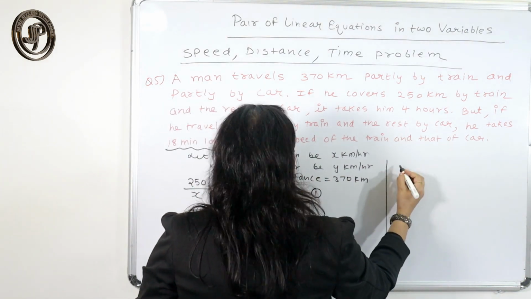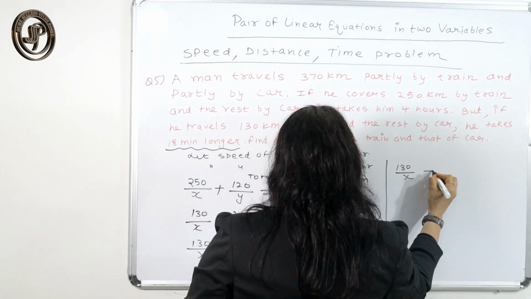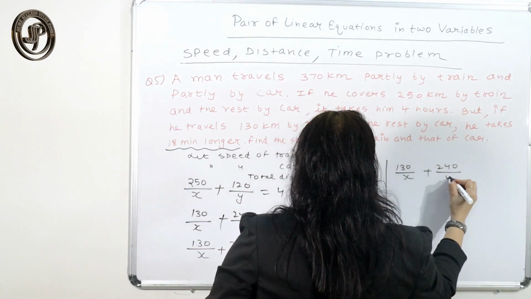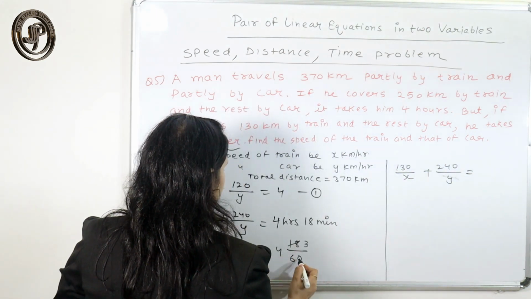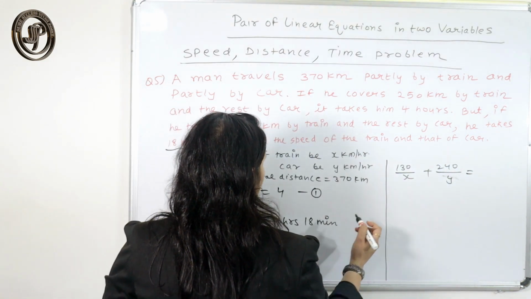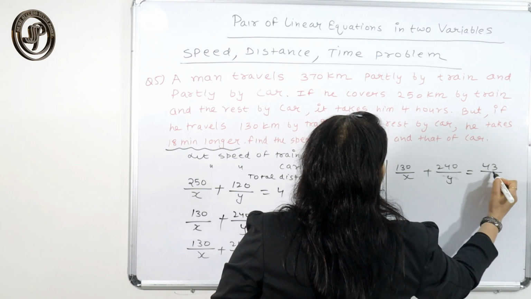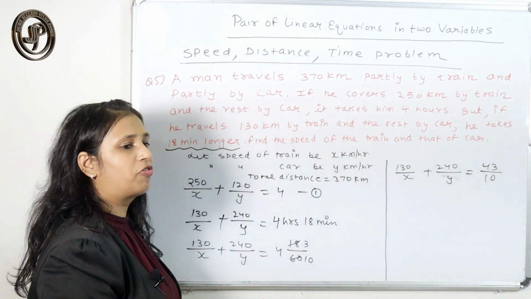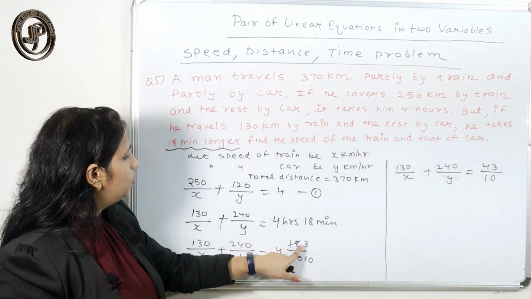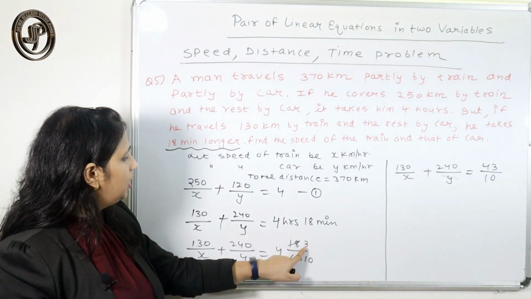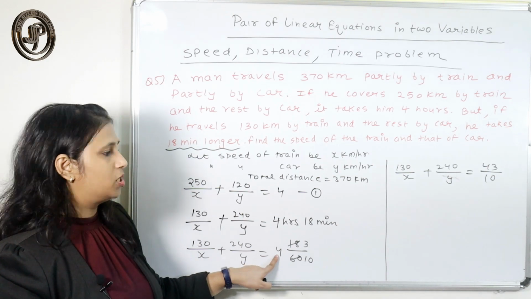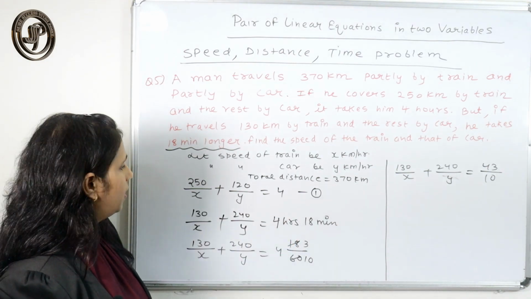Now this becomes how much? If you cancel this, this will be 40 plus 3. If you solve this mixed fraction, you can cancel out these two: 3 by 10, 3 by 10, 10 into 4 is 40 plus 3, 43 by 10.